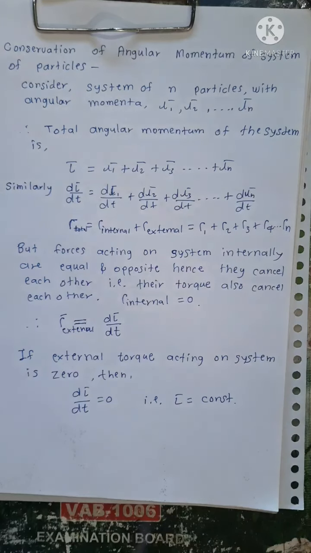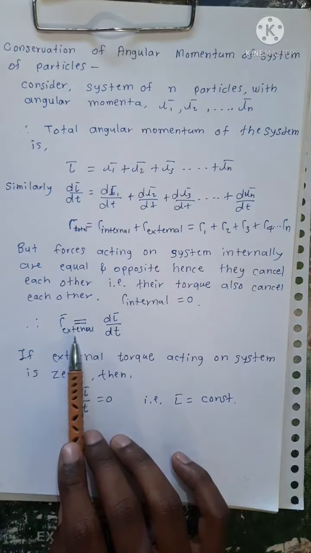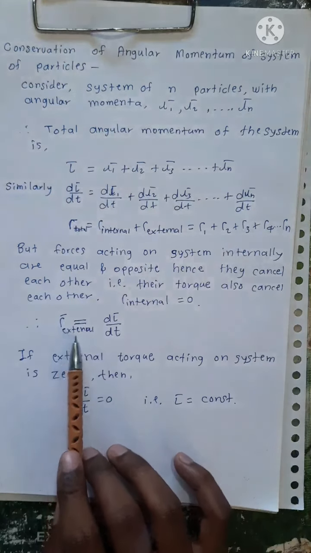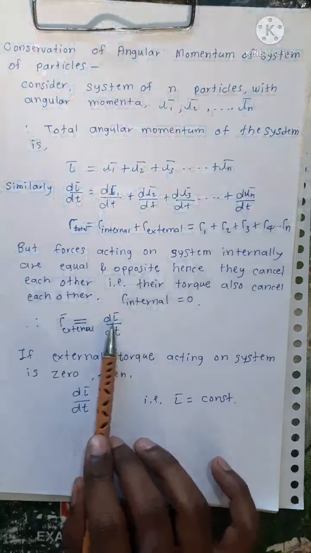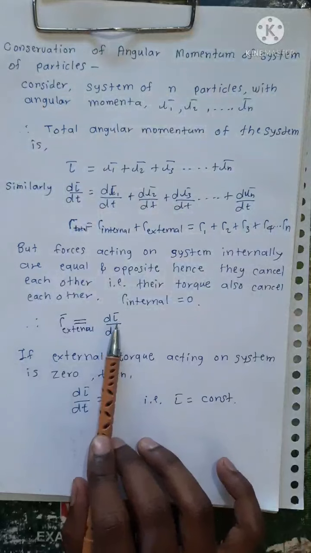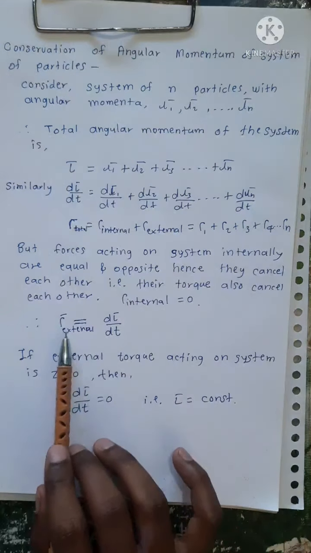Similarly, the torques also cancel each other out because there is no net internal force acting on the particles. The torques will also get cancelled because torques are the result of these forces. So the internal torque gets cancelled, and only the external torque remains. So we can write tau bar external is equal to dL bar by dt. That is, the total rate of change of angular momentum is due to the external torque.